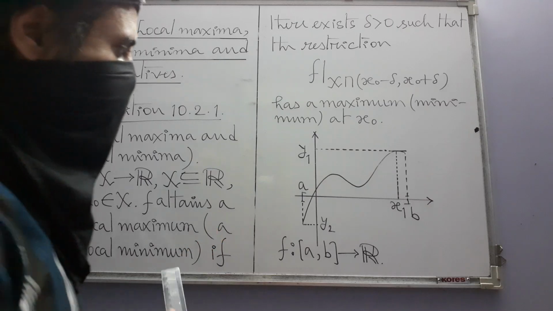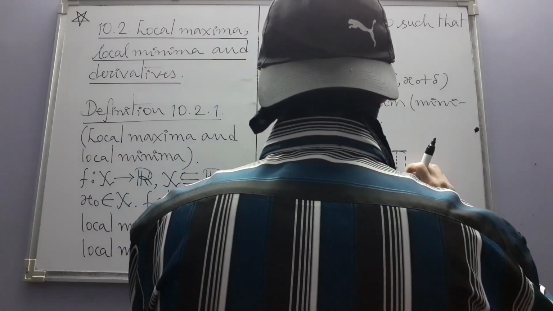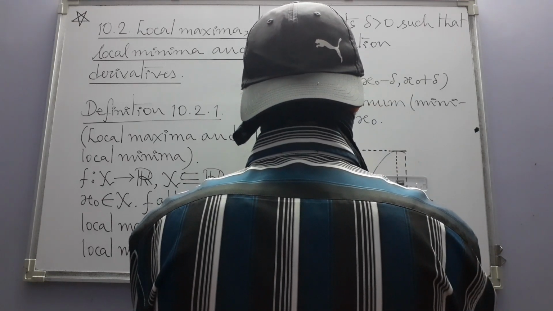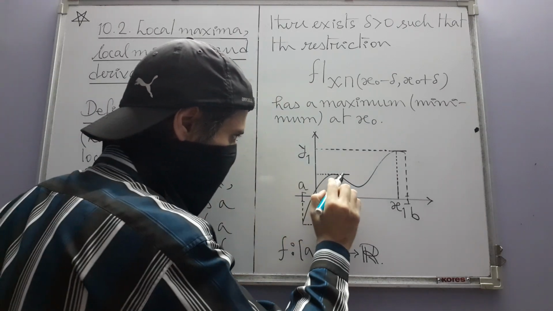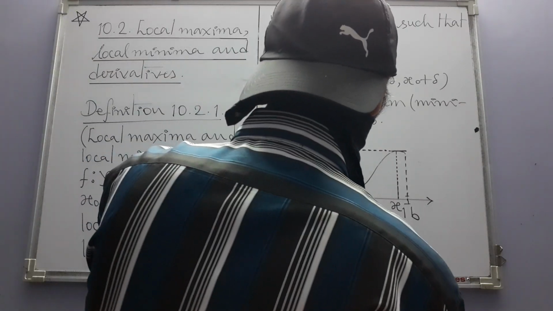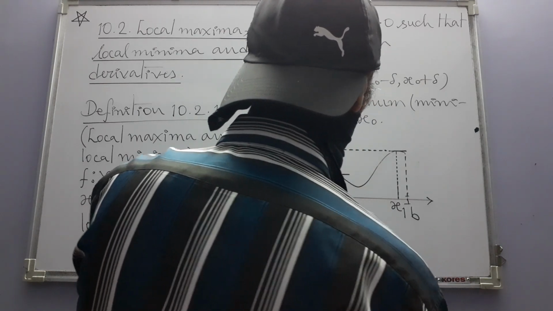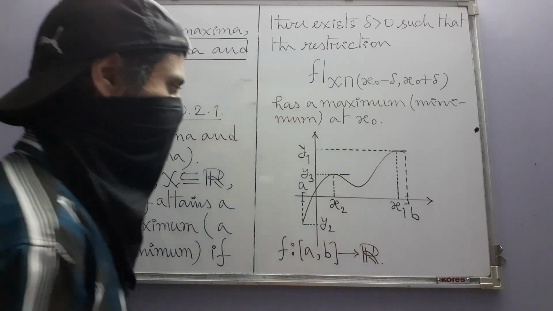However, there are other values also. For example, you can see that here there is a value. This value y3 has been attained at this point, and that point is, say, x2.